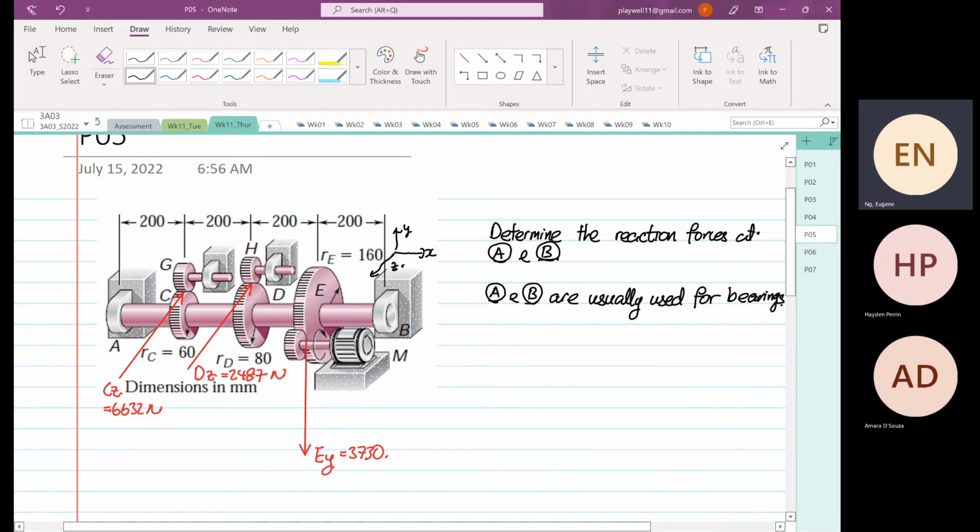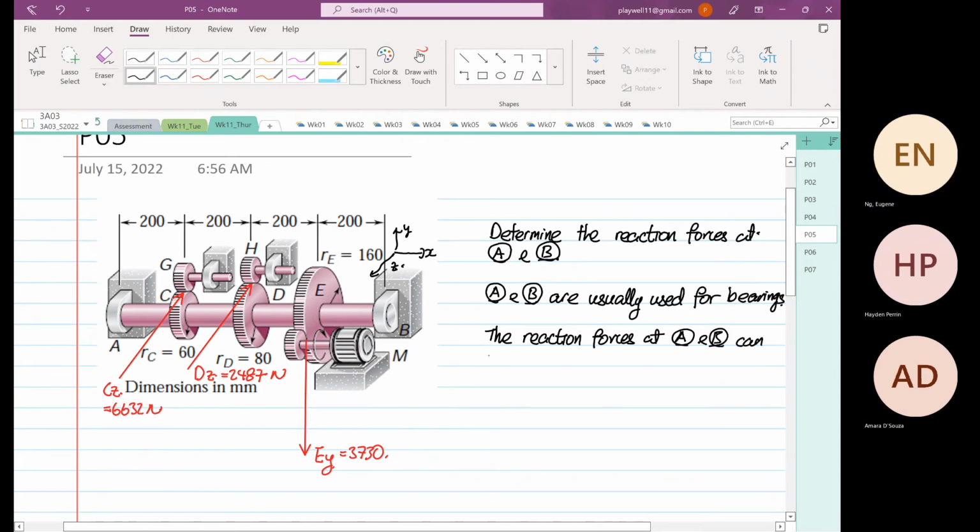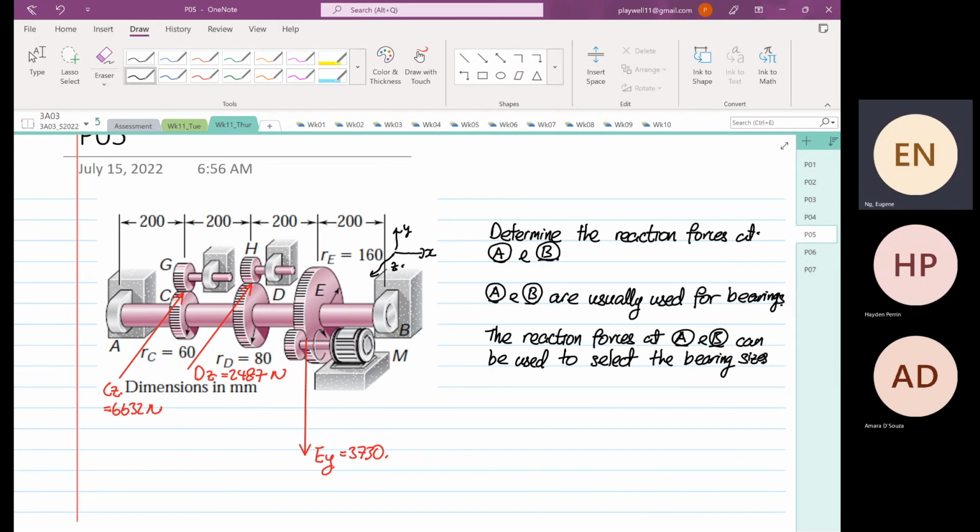The reaction forces at points A and B can be used to select the bearing sizes. The bearing is dependent on the load, right? So that's where we have to determine our reaction at point A and point B.